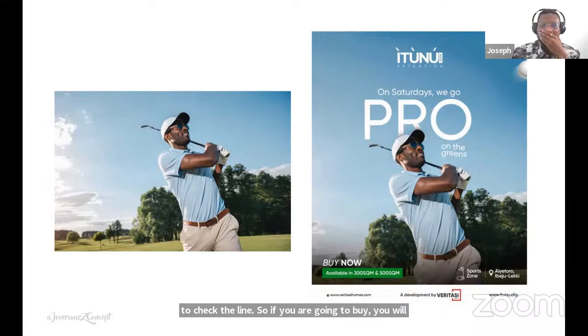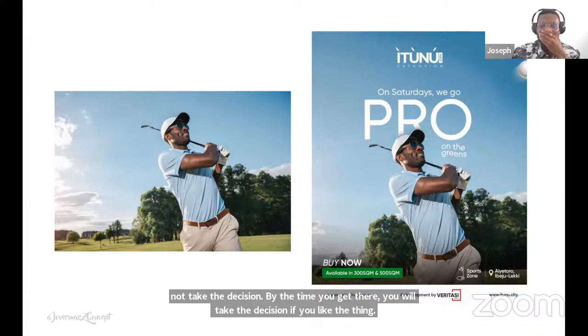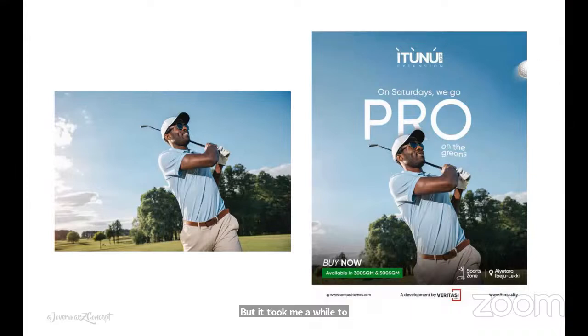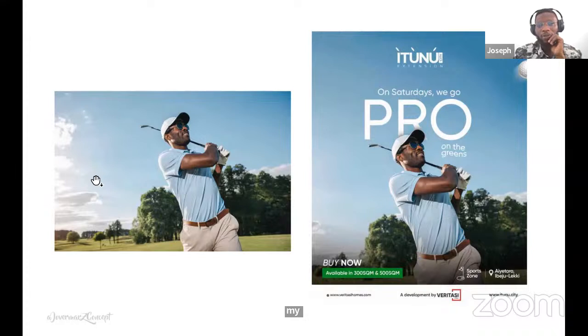But this one took me a while to understand. When I saw the ball going and his focus, I realized this boy is going somewhere. They are telling us that this Saturday we are going to inspect the land for you to take your decision. That's my observation. So I don't know if I'm right or wrong. Okay, let me help you. Yes. Thank you once again, brother.